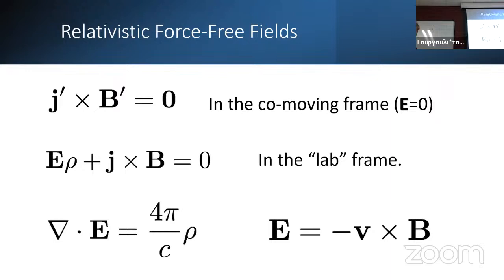Now, if we think of the lab frame that is not co-rotating, we will have an electric field, an electric charge, and then this entire term is going to be zero. We can calculate the electric field through Maxwell's equations, and also connect the electric fields to the magnetic field.